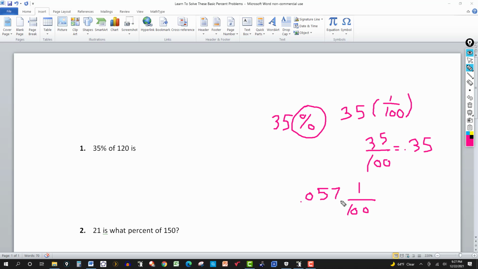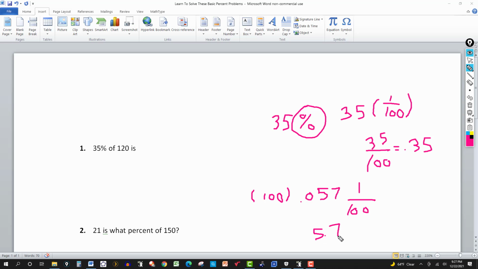But that changes the number. But if I multiply by 100 over here, and 1 over 100 over here, then those cancel out, so I'm just multiplying by 1. So it doesn't change it. So if I want to convert 0.057 to a percent, then I would simply multiply that 0.057 by 100, and that gives me 5.7.